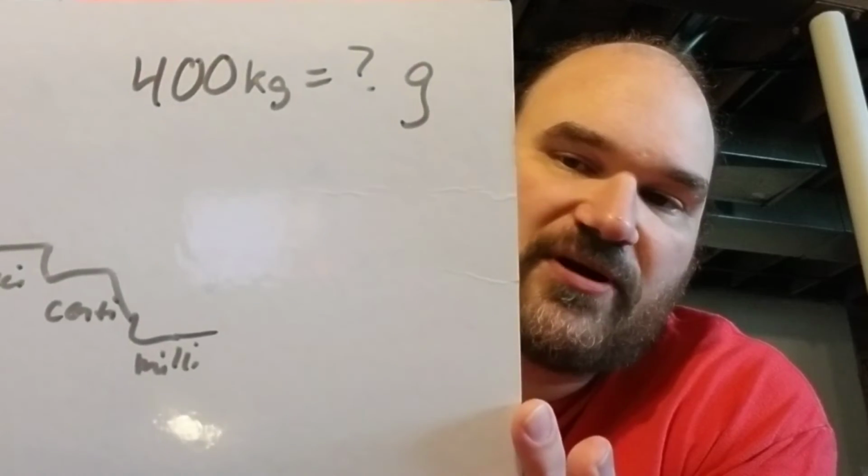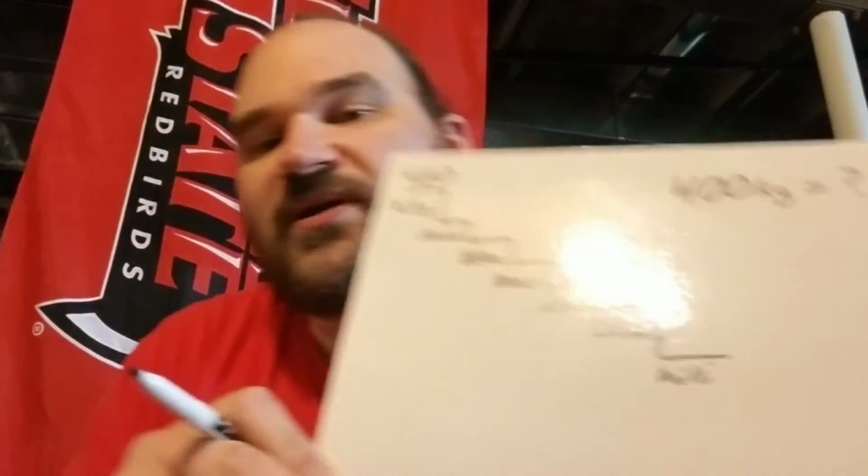So if we are going from, let's say, 400 kilograms down to grams, so we're looking at 400 kilograms equals blank grams. We are going to simply go from here, jump 1, jump 2, jump 3.